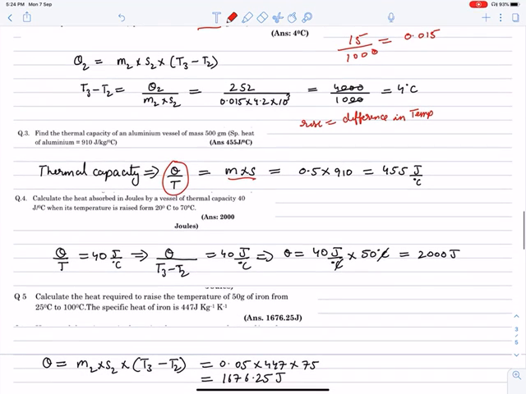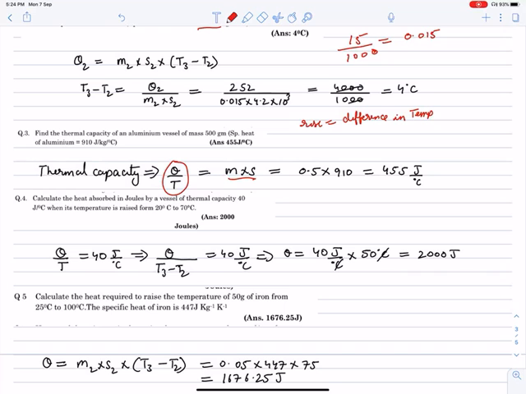Next is calculate the heat absorbed in joules by a vessel of thermal capacity 40 joule per degree when its temperature is raised from 20 degrees Celsius to 70 degrees Celsius.